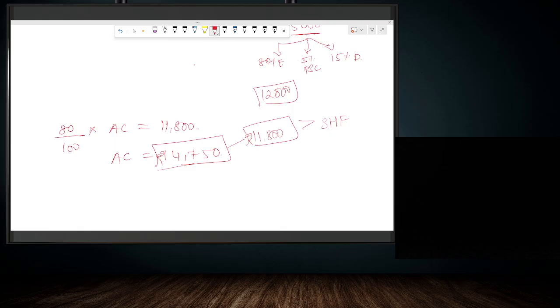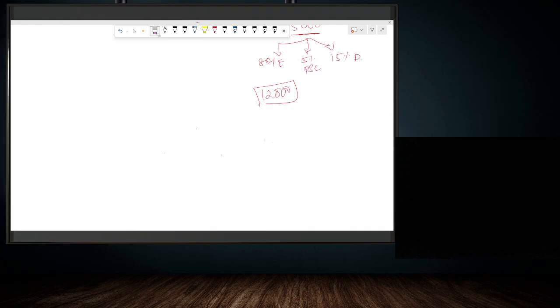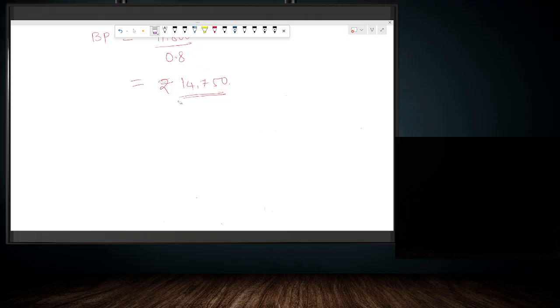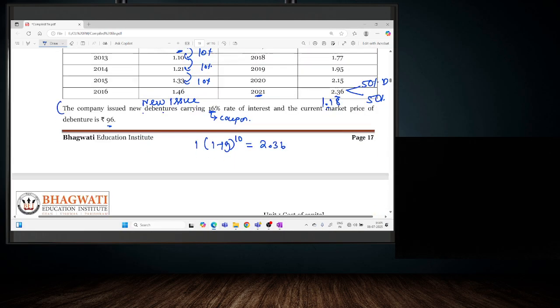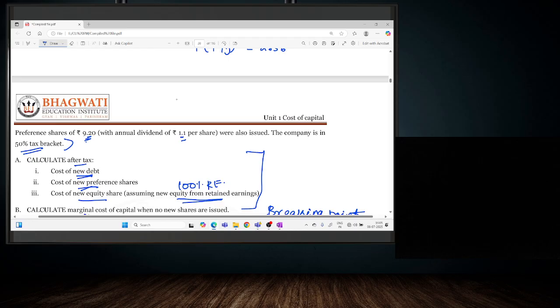Requirement C? Because the amount of debentures and the amount of preference shares is not available, no?